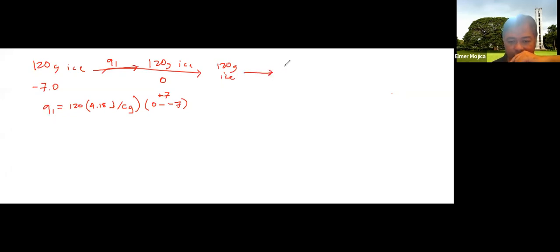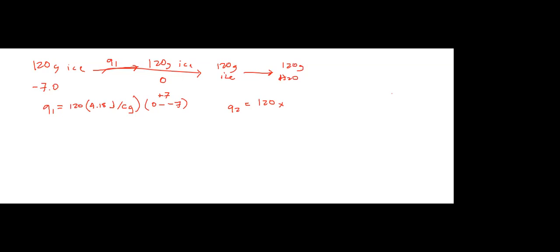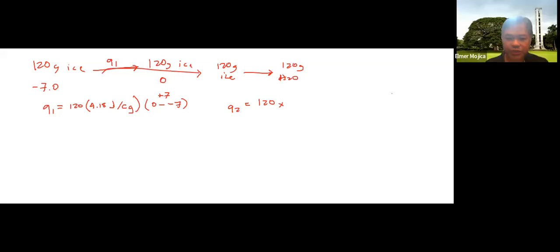What happened? It becomes 120 grams of water. So that's Q2, which is equal to 120 times the heat of vaporization that is given there, which is equal to what? Ano yung heat of vaporization dun sa problem? $2.26 po, sir. 2.26 ba yun?